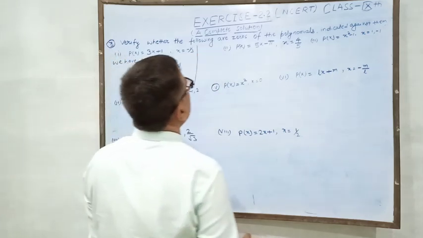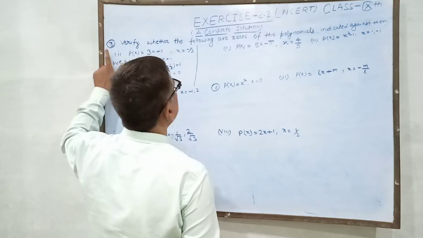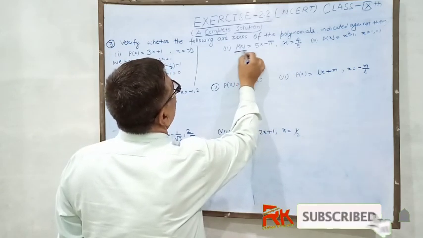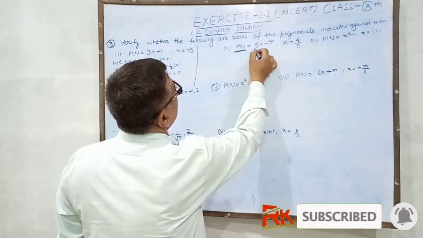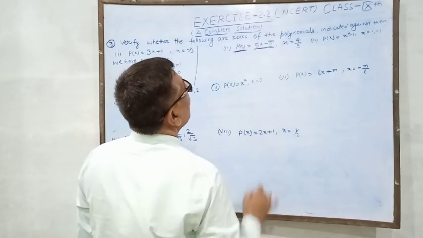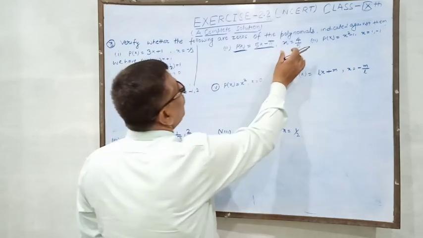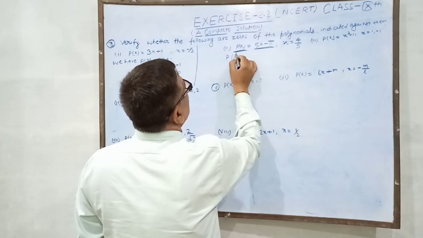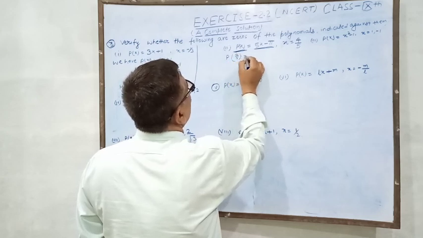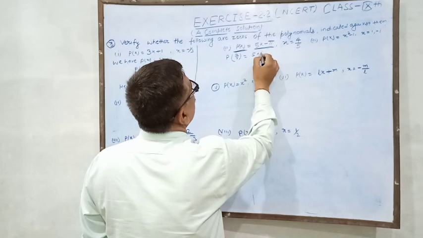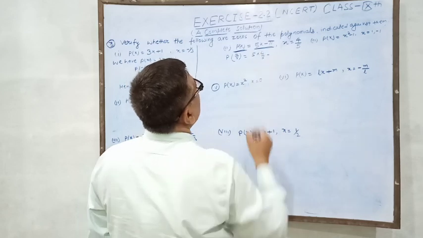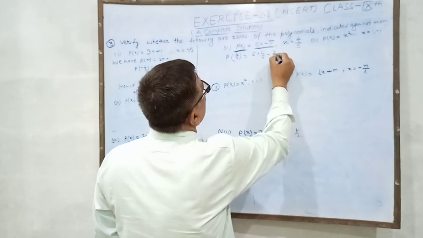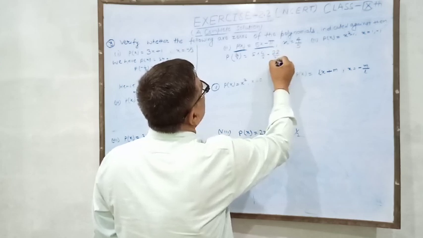Now I am coming to the second part of question number 3. We have the polynomial p(x), defined as p(x) = 5x − π. So we put x equal to 4/5. p(4/5) equals 5 into 4/5 minus π, where π means 22/7.